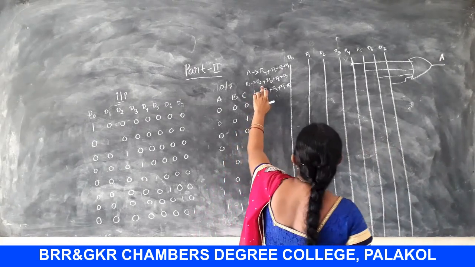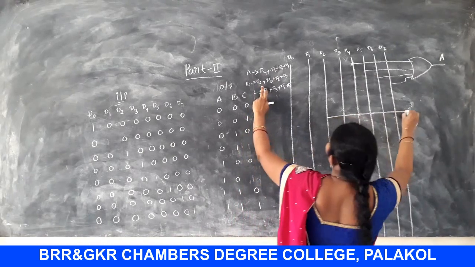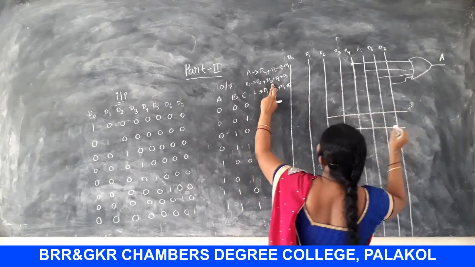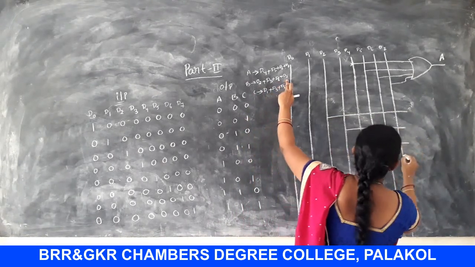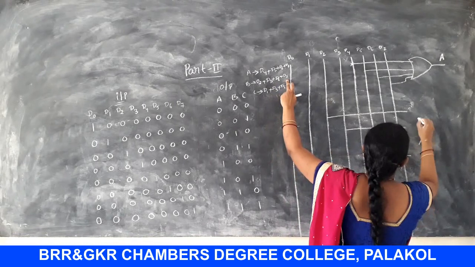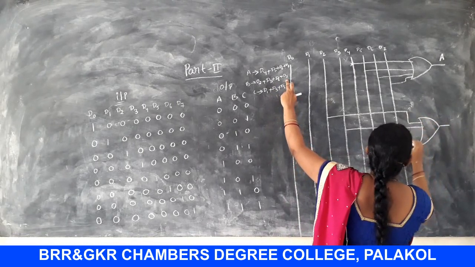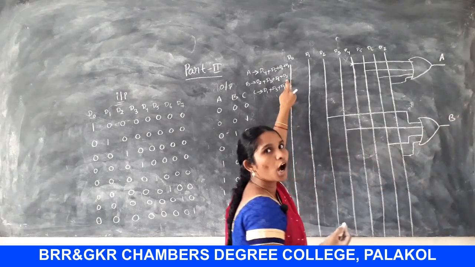Next is the B output. Here B is D2, the next one is D3, the next one is D6 and D7. We have to apply the OR with these expressions. Therefore this is the B output.